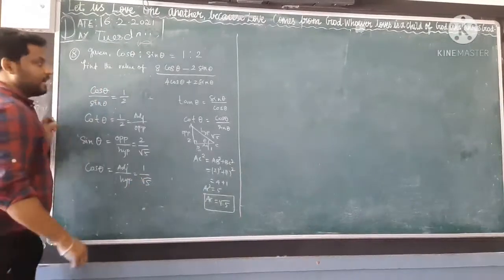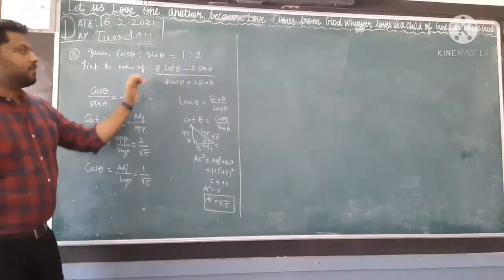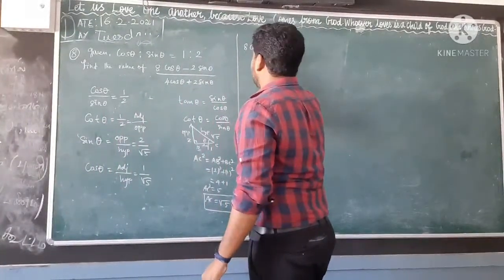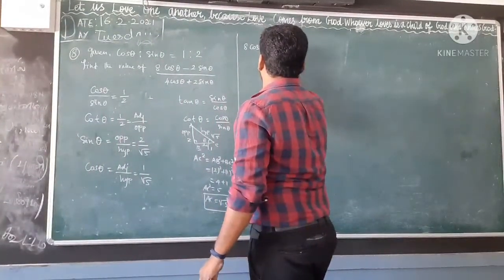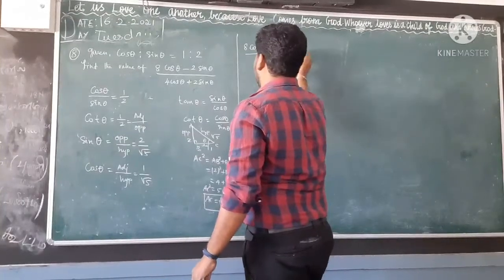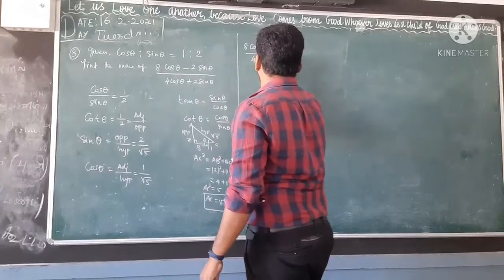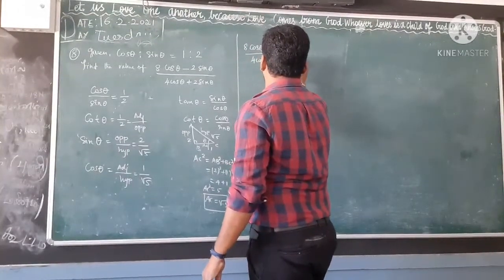Now we have to find the value of 8 cos theta minus 2 sin theta, divided by 4 cos theta plus 2 sin theta.